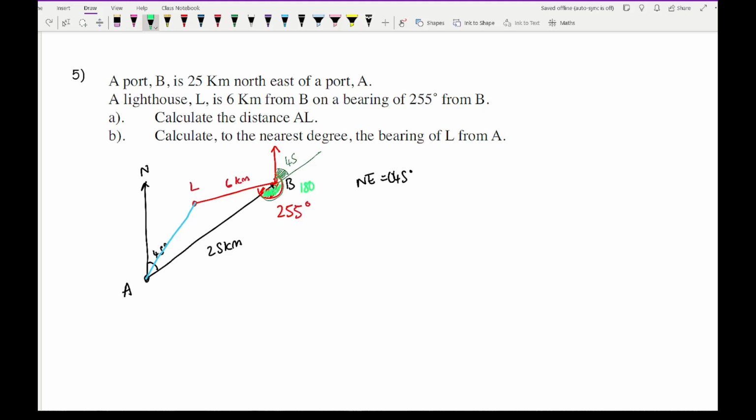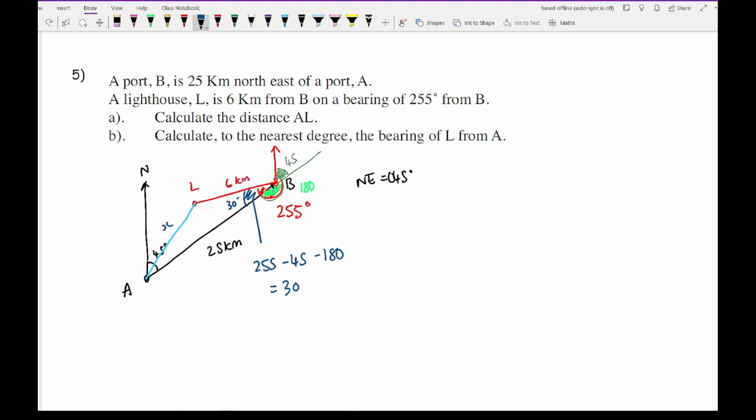To work out what this angle here is going to be, that angle is going to be 255 minus 45 minus 180. If I type that into my calculator, I get an angle of 30 degrees. So this angle here is 30, and that's what it's asking me to work out.